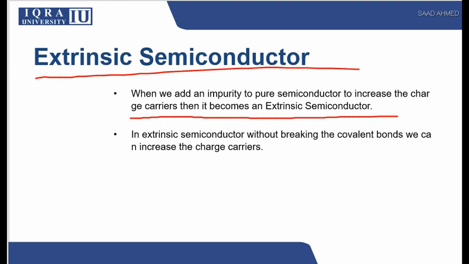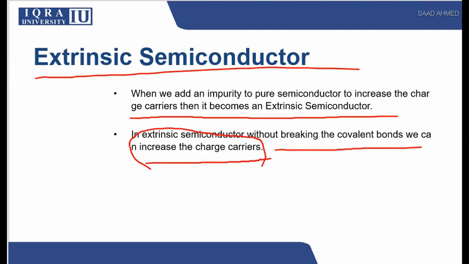Or if you perform the doping process, it becomes extrinsic. And the doping process, as you know, is adding impurity atoms to the pure semiconductor. By doing this, we basically increase the number of charge carriers.